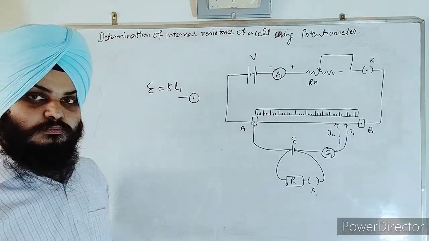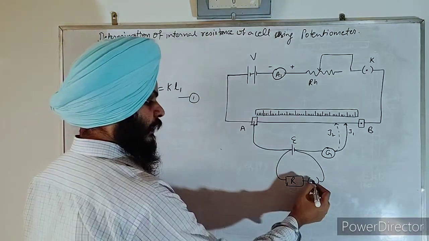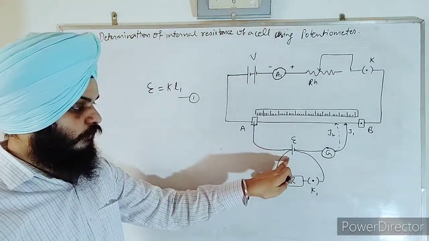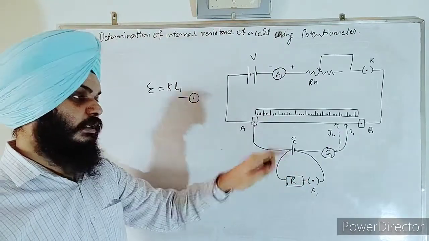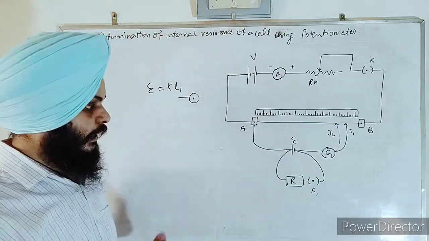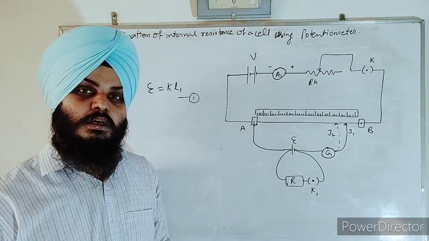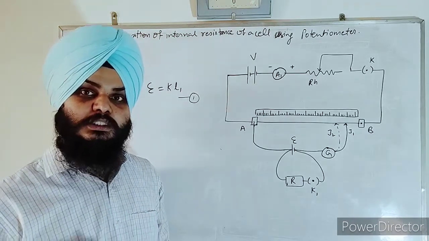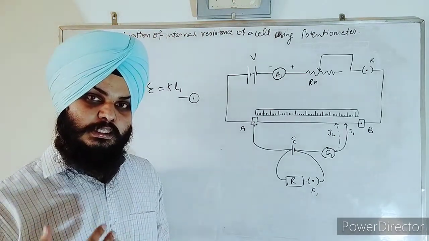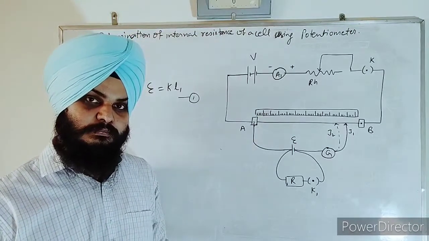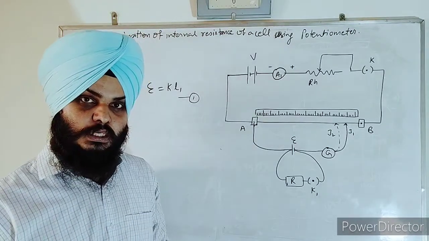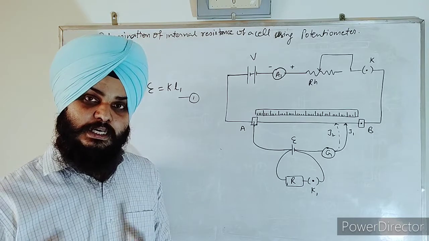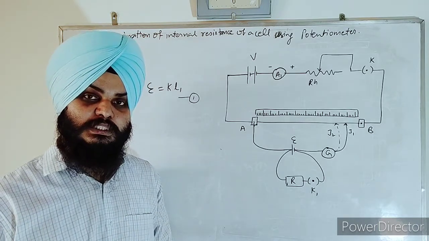Now, if I close this key, some current will be drawn from this cell of EMF E. By the definition of terminal potential difference, when we connect a cell across a circuit and the circuit draws some current from the cell, then the potential difference across the cell is termed as terminal potential difference, and it is always less than the EMF of the cell.